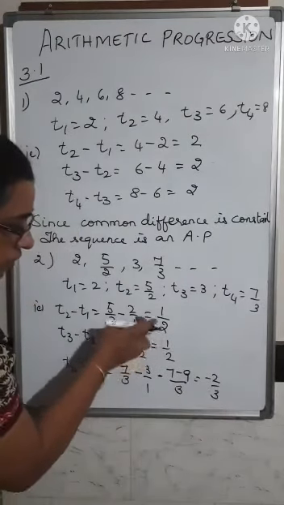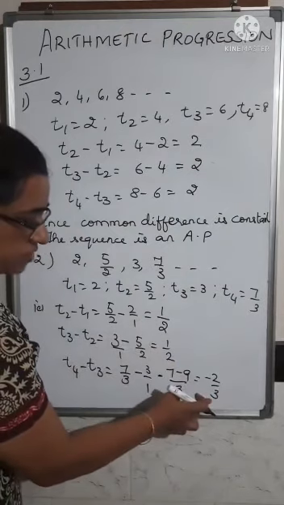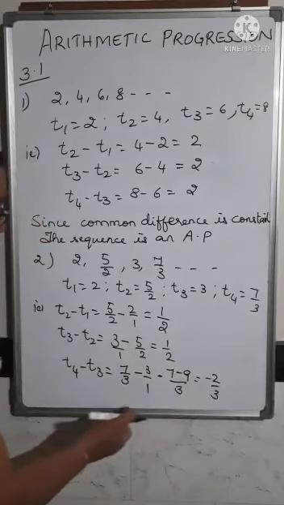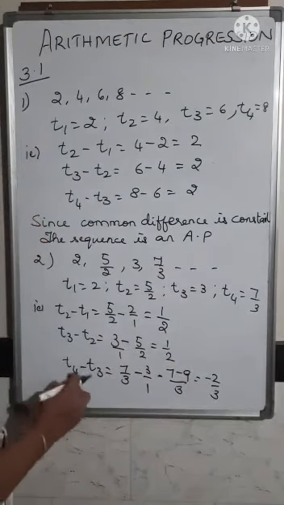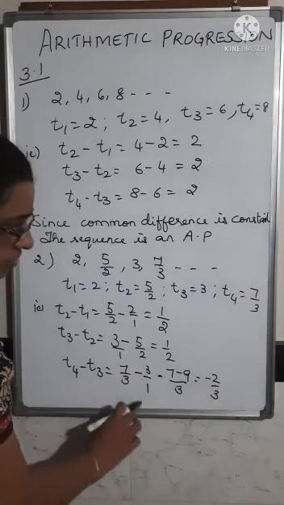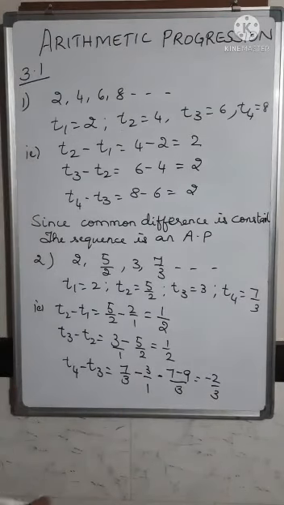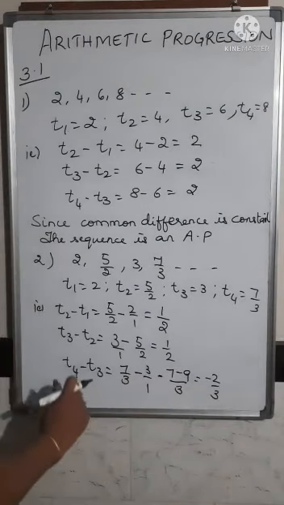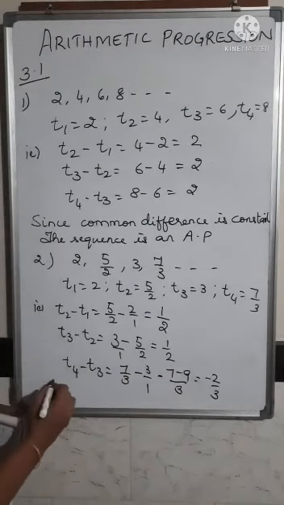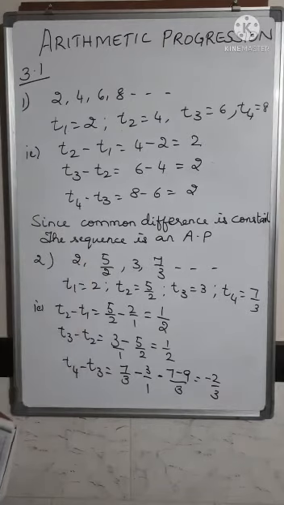So here you have 1 upon 2, but here you have minus 2 upon 3. So what is the statement you are supposed to write? The sequence is not an AP because the common difference is not constant. So that statement has to be written. I'll write it on the top.